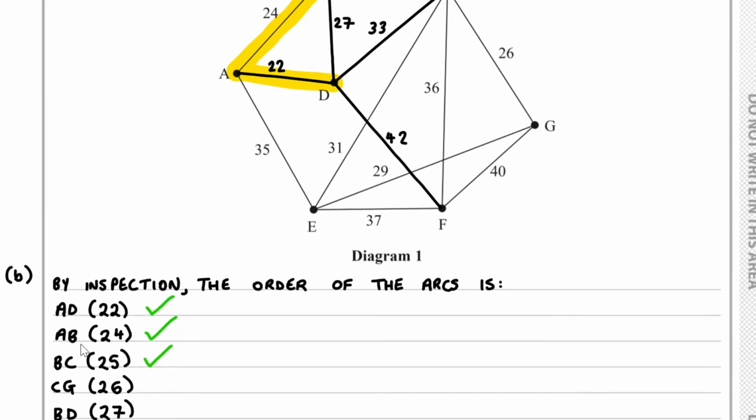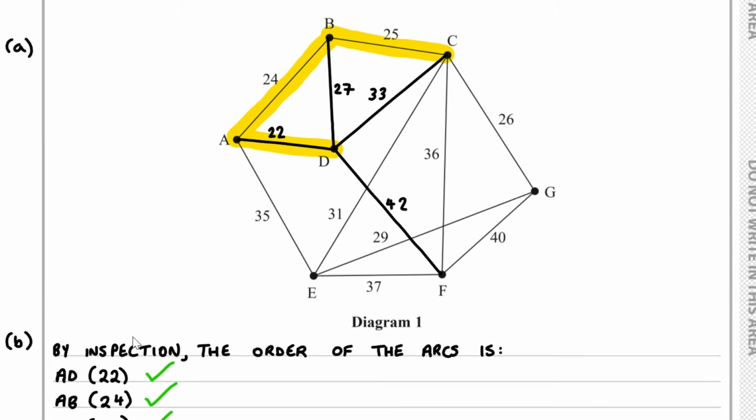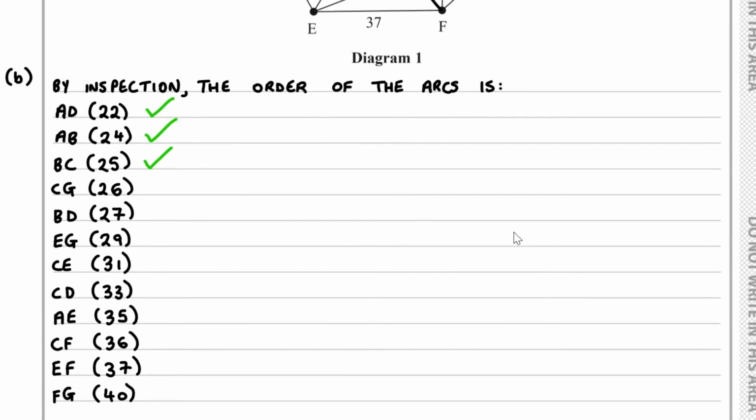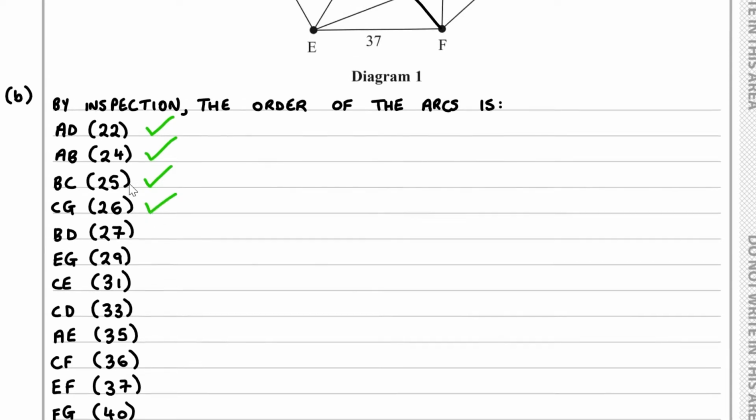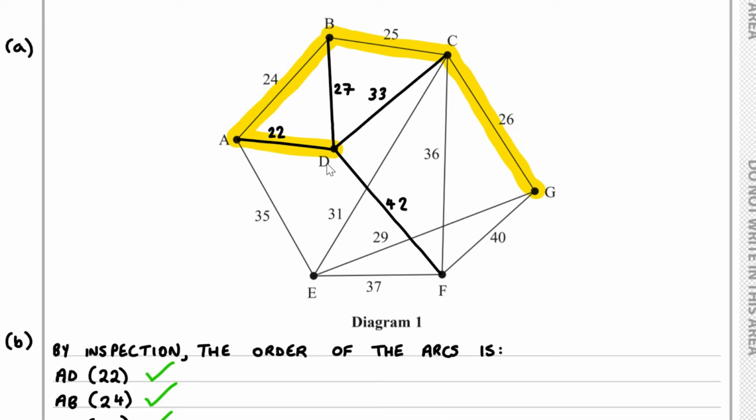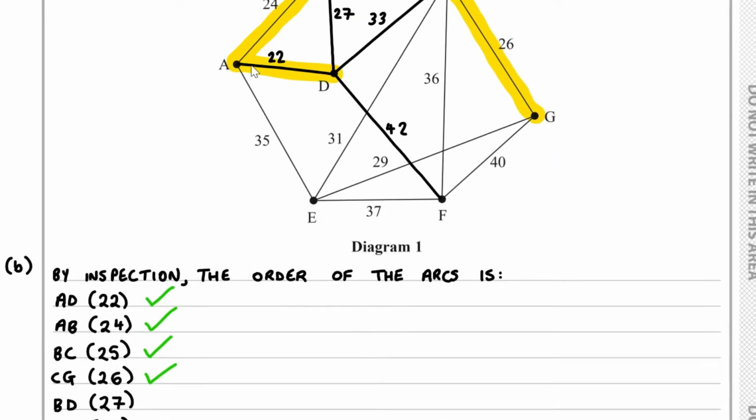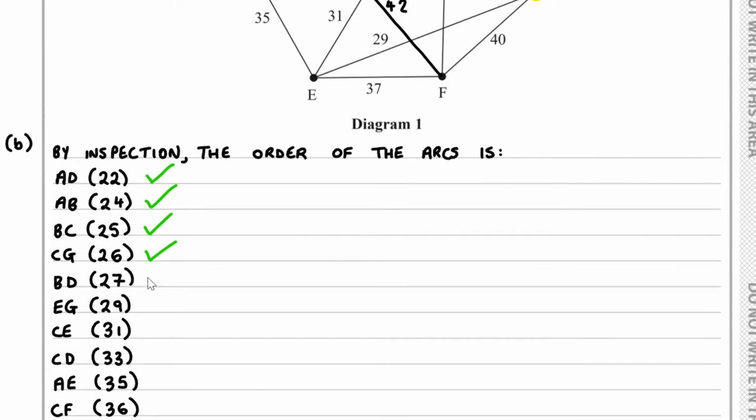Then we have CG, which is this over here. So let's tick this off. Then we have BD. We can't add BD because this would form a cycle, so we have to reject BD. Let's write down here, reject.